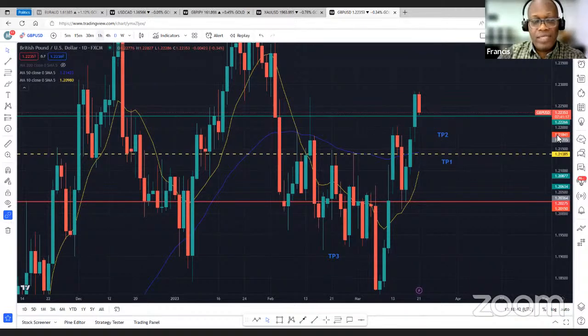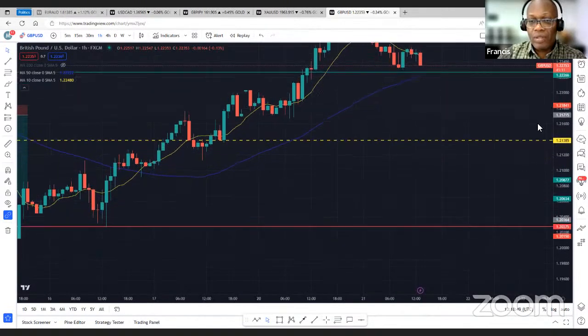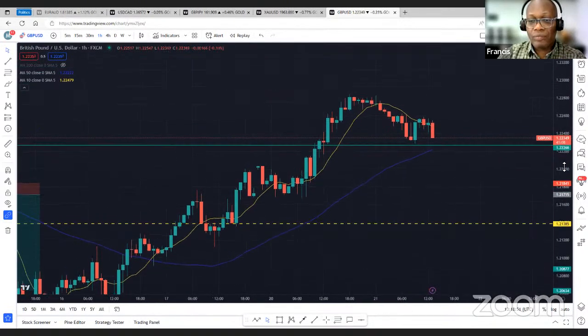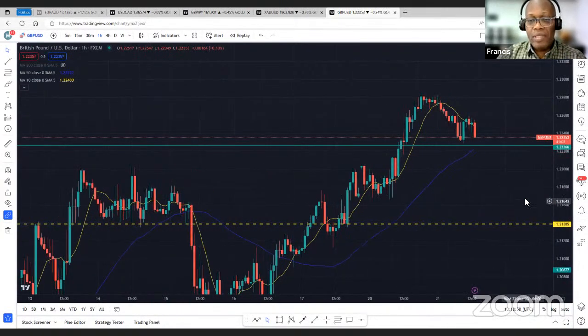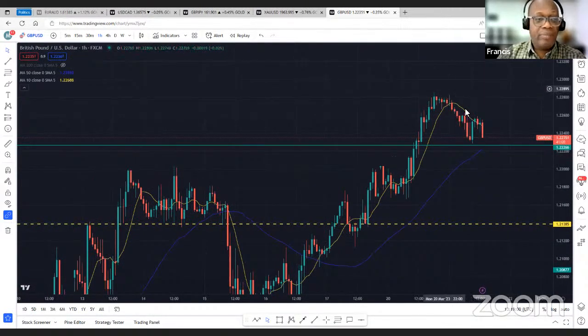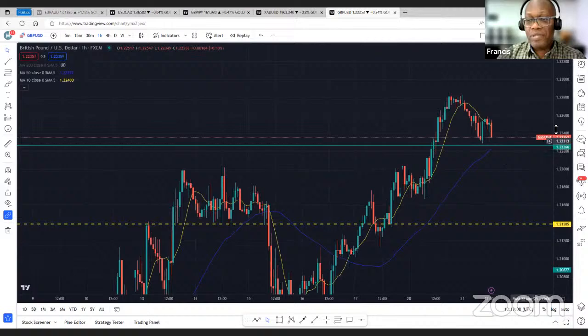If we go to lower time frames, let's check the 1 hour. Yeah, I believe this is definitely a pullback on GU. 56 pips, okay.